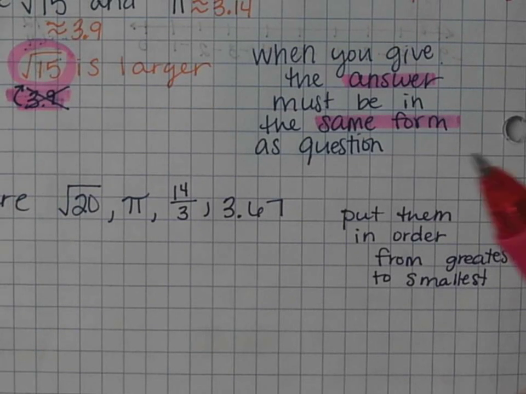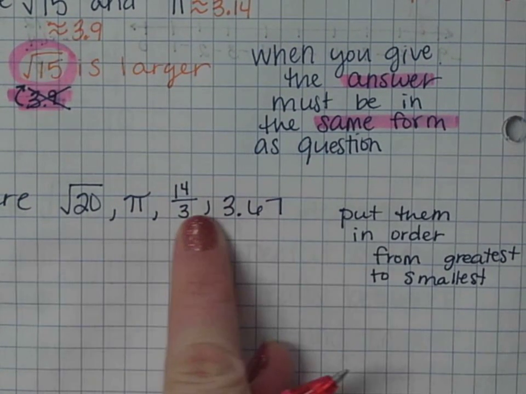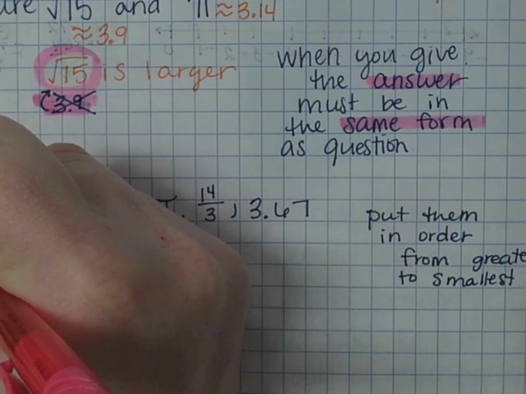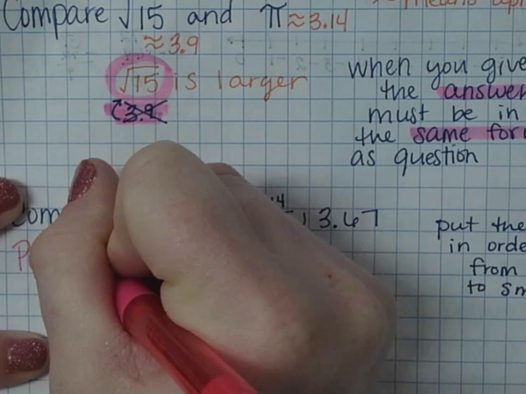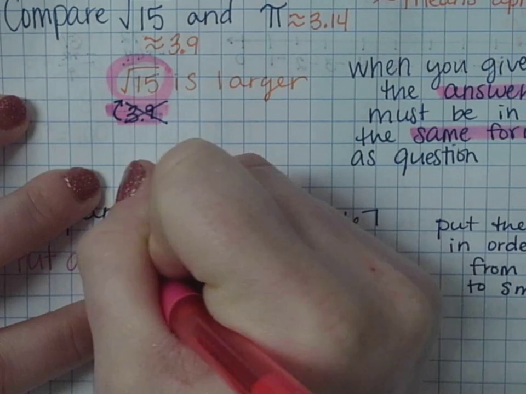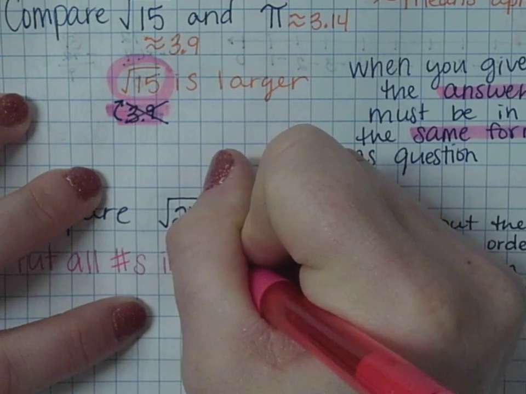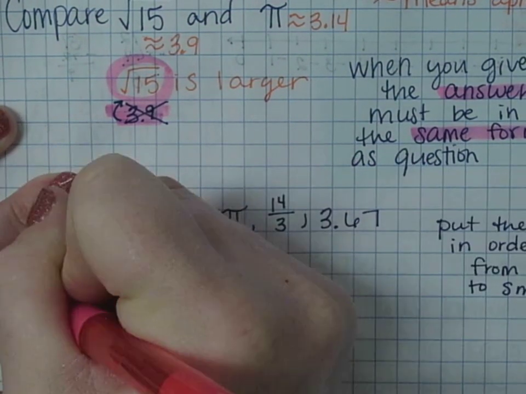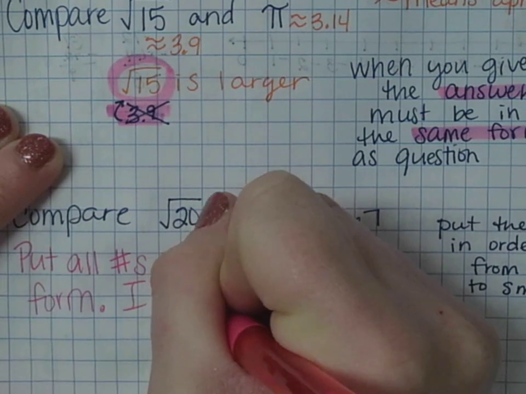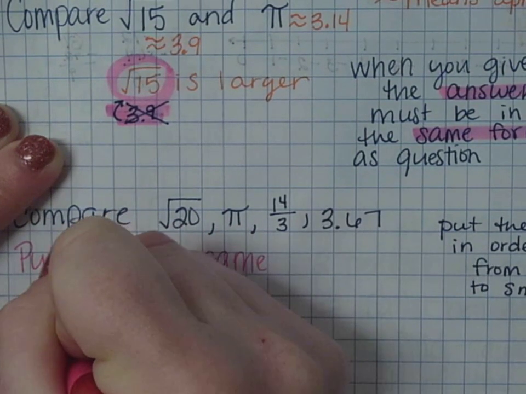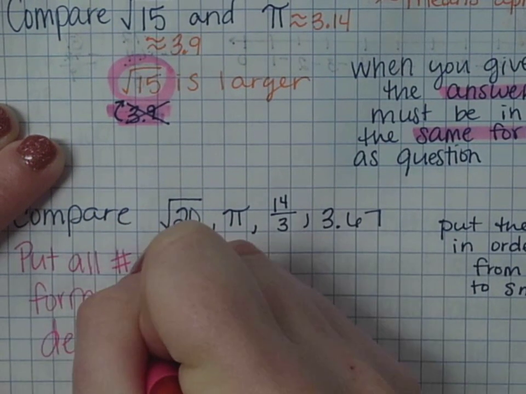All right, so when you are doing this, and they're all in different forms, put all numbers in the same form. I prefer decimals.